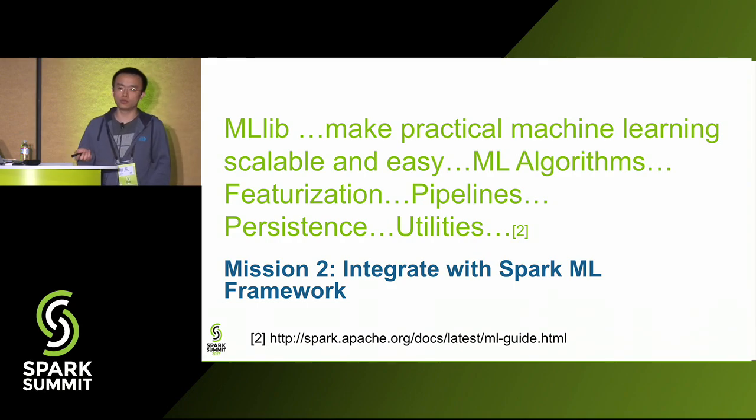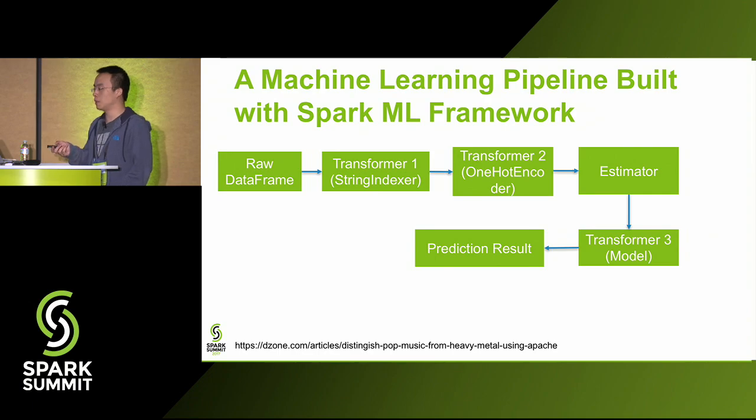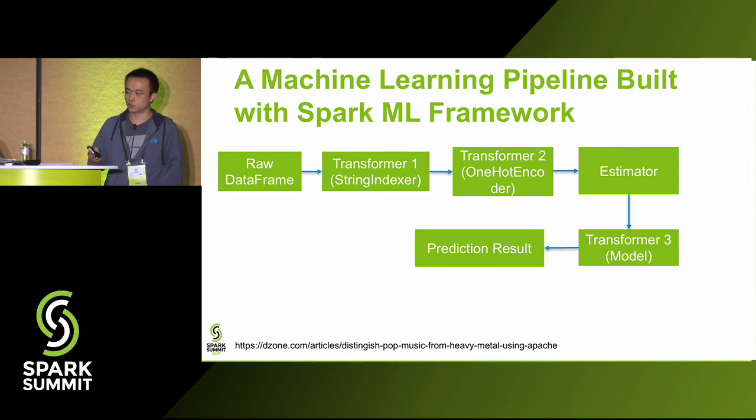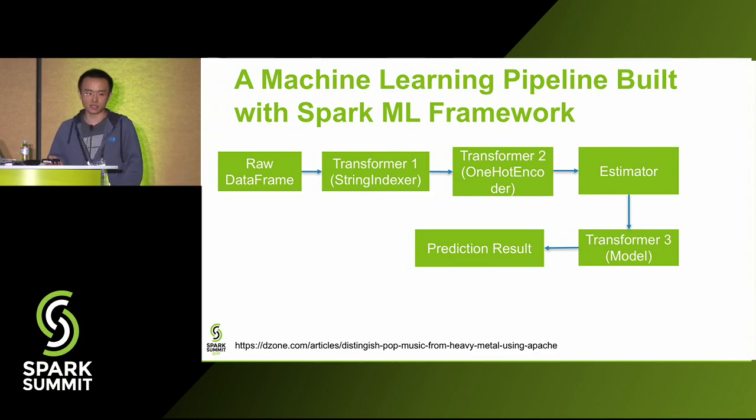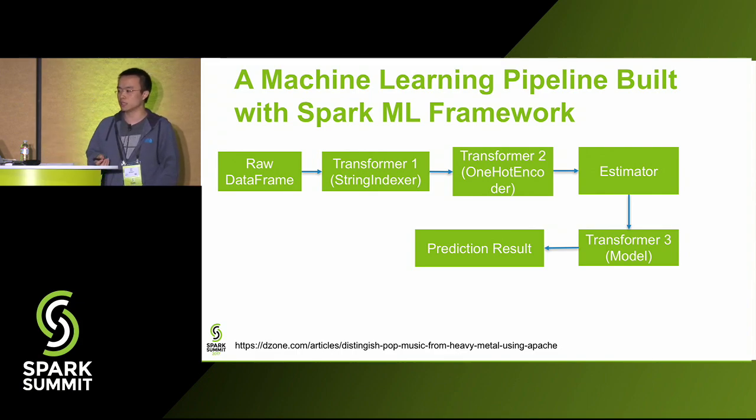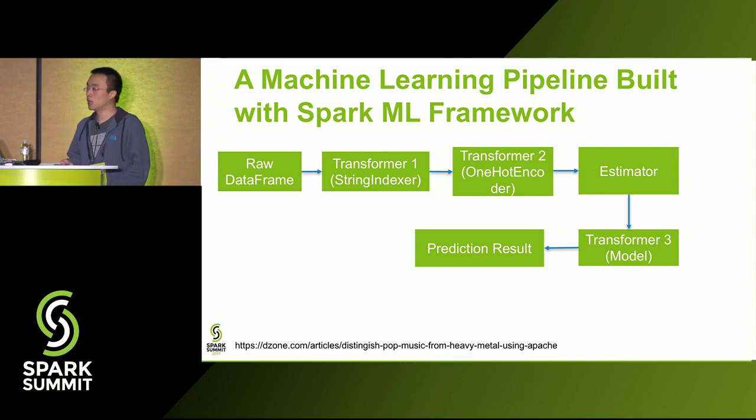Let's first review what a machine learning pipeline looks like with the Spark ML framework. First, we have some raw data, and through a first set of transformers, we can pre-process that data. These transformers can be a string indexer, for example, which transforms categorical string features into numerical indices, and a one-hot encoder. And finally, we arrive at the estimator.